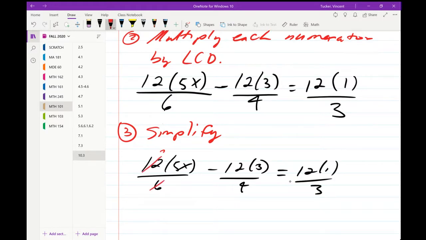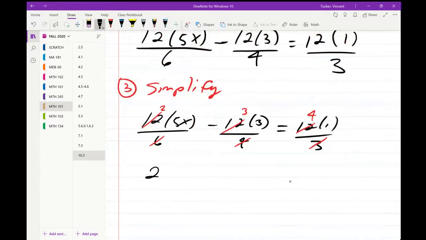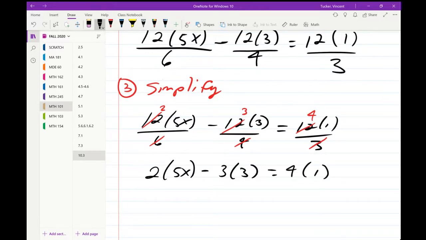So 6 goes into 12, leaves you with 2. 4 goes into 12, leaves you with 3. 3 goes into 12, leaves you with 4. So that's 2 times 5x minus 3 times 3 equal to 4 times 1. 10x minus 9 equal to 4.